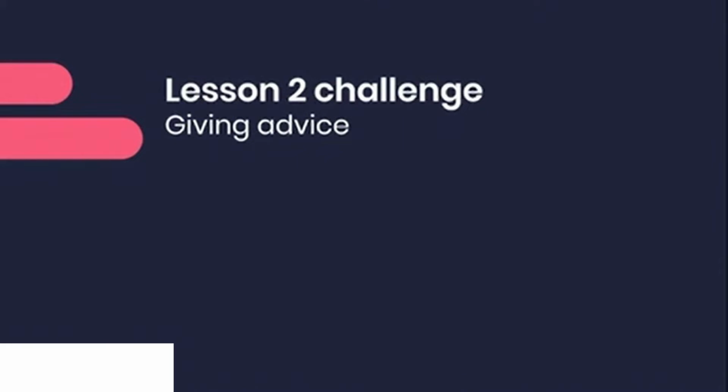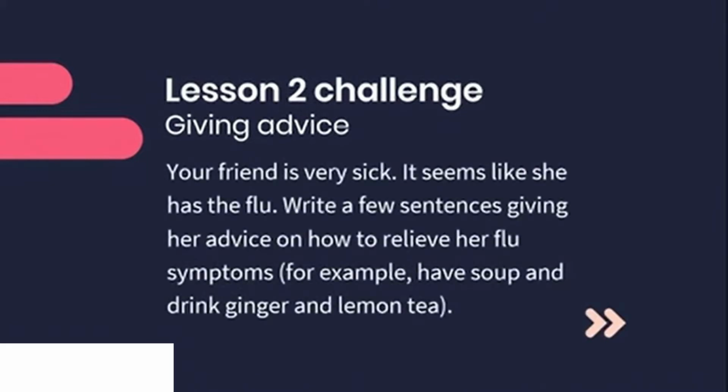In the last lesson's challenge, you were given the following scenario. Your friend is very sick. It seems like she has the flu. Write a few sentences giving her advice on how to relieve her flu symptoms. For example, have soup and drink ginger and lemon tea.